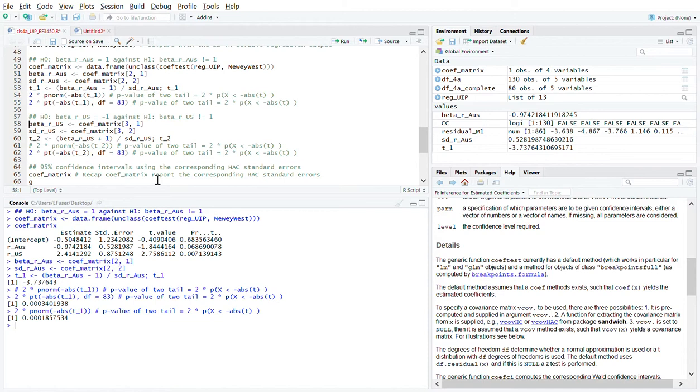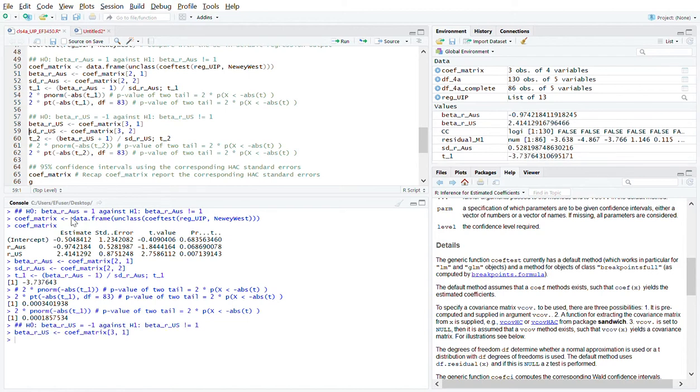And for the second case, we're going to do the two-sided test on beta 2. As you can see from the data frame above, beta 2 is in the third row. So to extract the coefficient estimate, it's going to be third row, first column, and the HAC standard error is third row, second column.